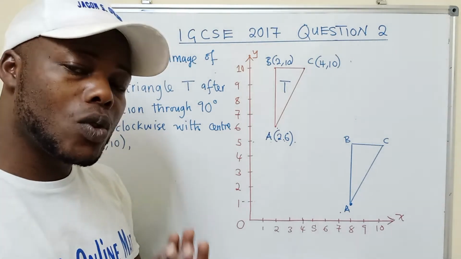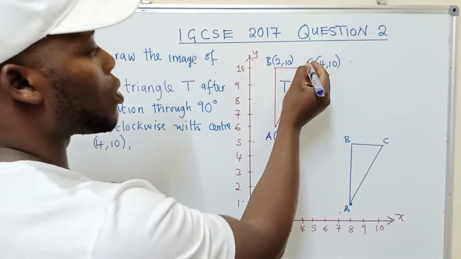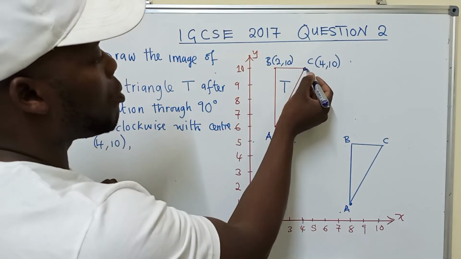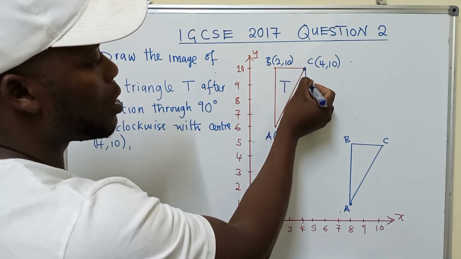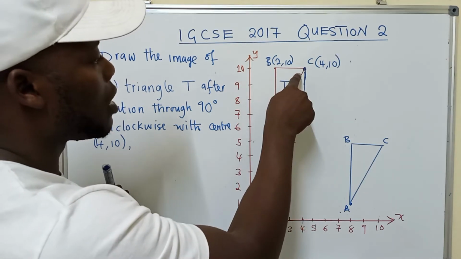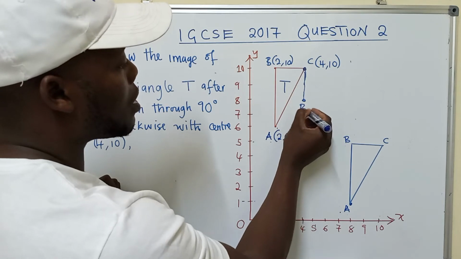So what we need to also identify here is the center of rotation. The center of rotation is right here, meaning we can start with this line here. It will be like this. Our B will come right here.